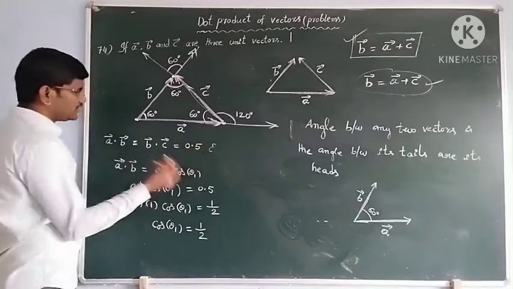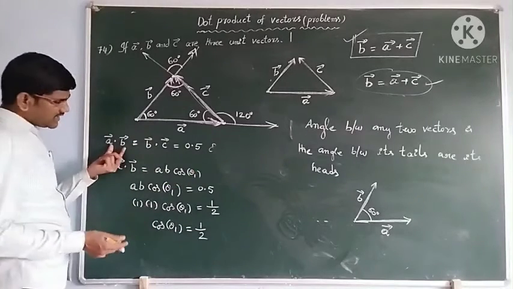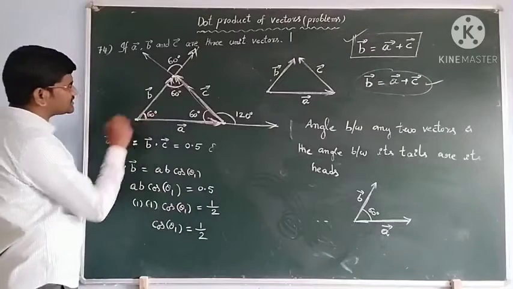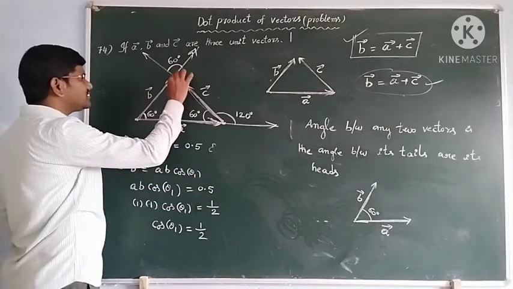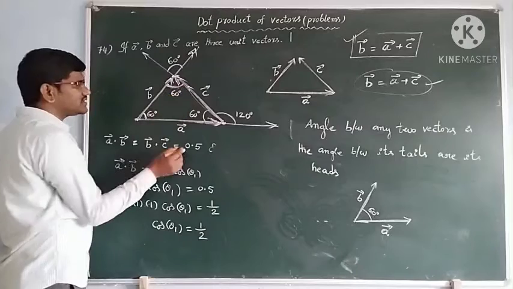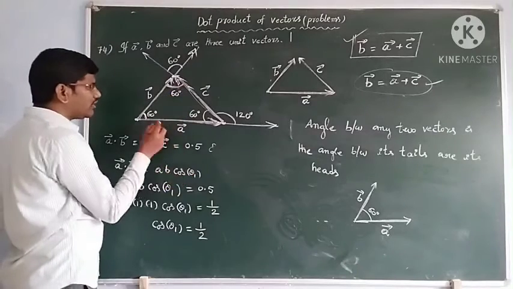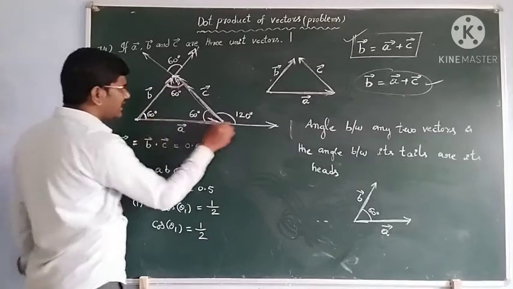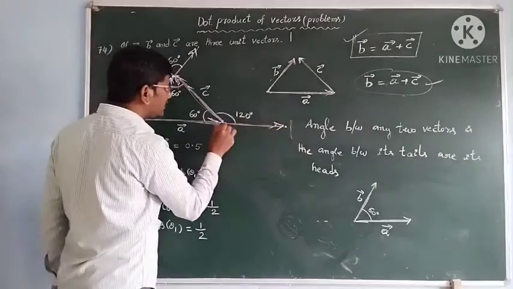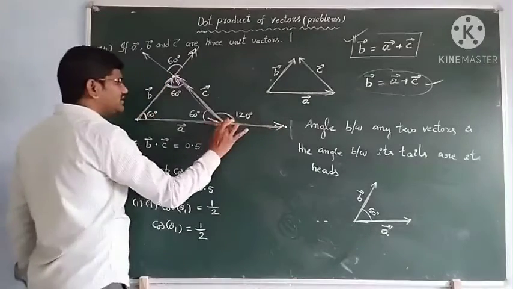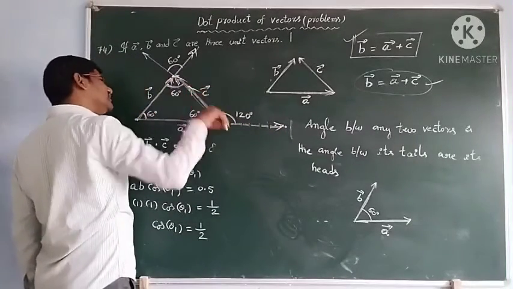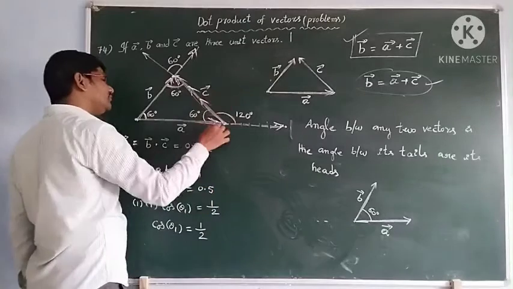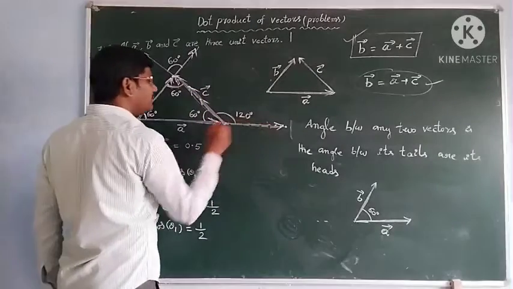Okay, so from the data we got between A and B 60 degrees, and similarly between B and C, this is the direction of C, 60 degrees, and between A and C we got 120 degrees. See, this is the head direction of the A bar vector, and that is extended here, and this is the C bar vector direction.